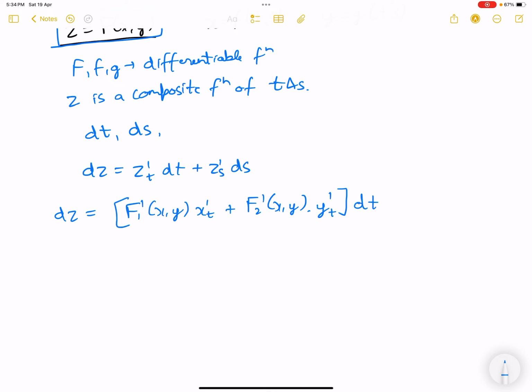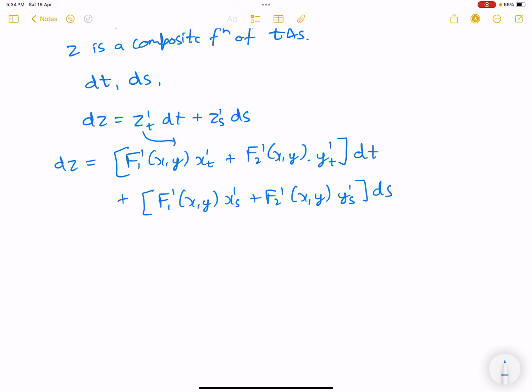So using chain rule, this is zt. Similarly, using chain rule, f1 dash(x,y) xs dash plus f2 dash(x,y) ys dash into ds.